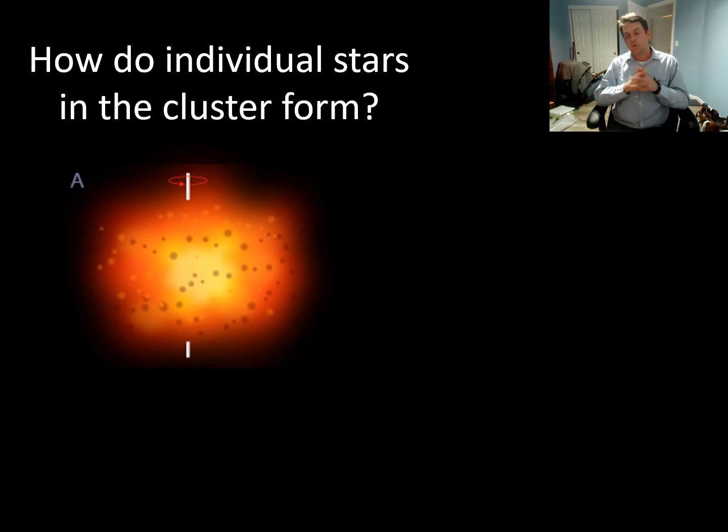And so the result is that they're always rotating a little bit. And just like an ice skater, when she pulls her arms in, she speeds up in terms of the rotation. That's exactly the case for stars too, due to conservation of angular momentum, if you're keeping track. So the result is that as the cloud collapses, the rotation rate increases.